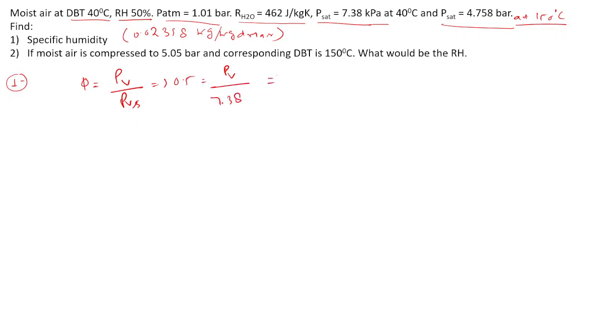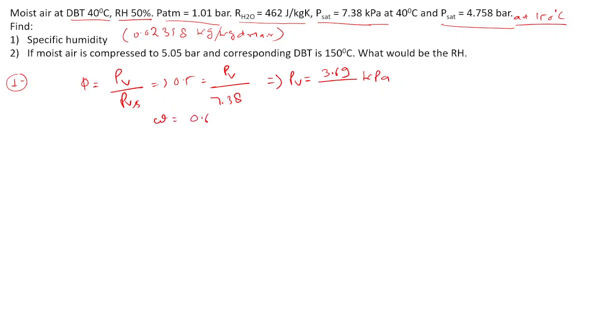What is the value of PV? 3.69. So from here you got the PV and can easily find the omega.